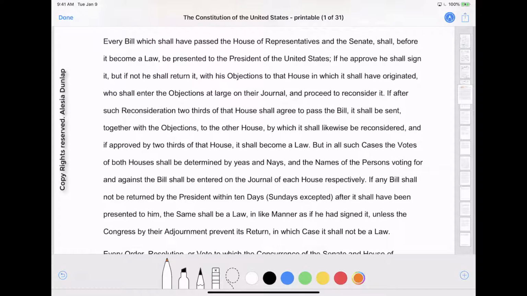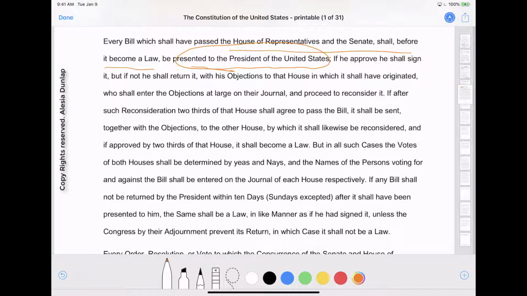So every bill which shall have passed the House of Representatives and the Senate shall, before it becomes a law, be presented to the President of the United States. Let's go back to if he vetoed. If the bill is vetoed, it will have to go back to the house of Congress where it was originally proposed, with reasons why by the president.